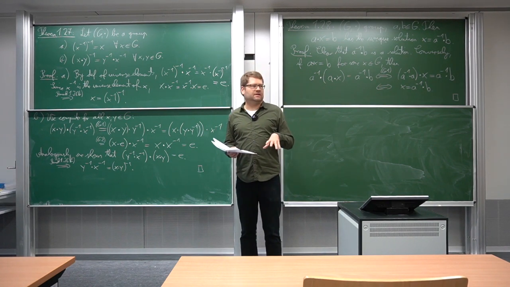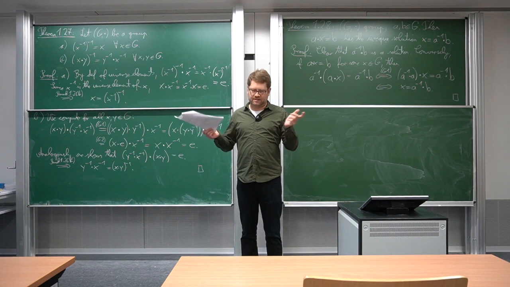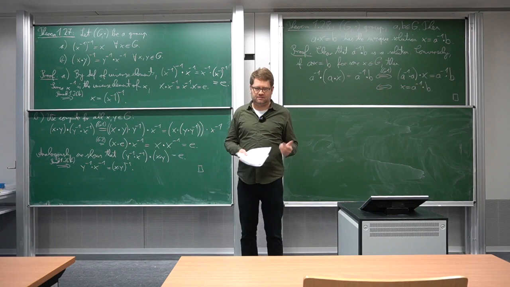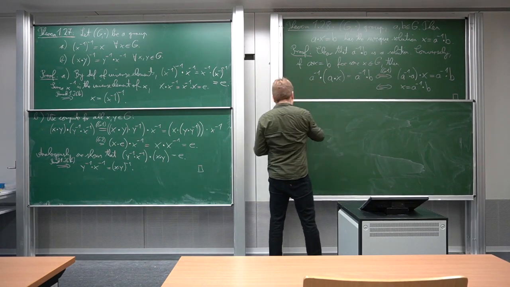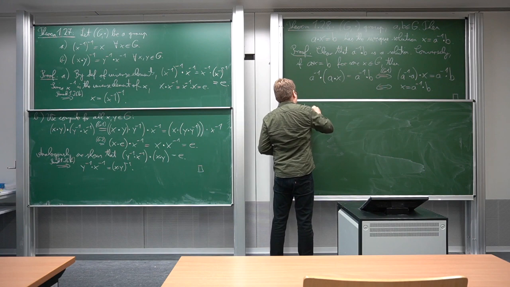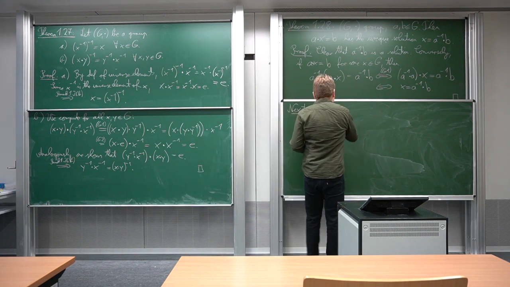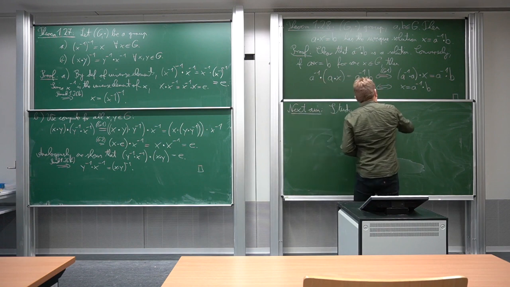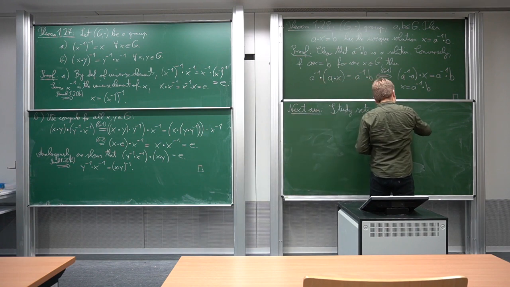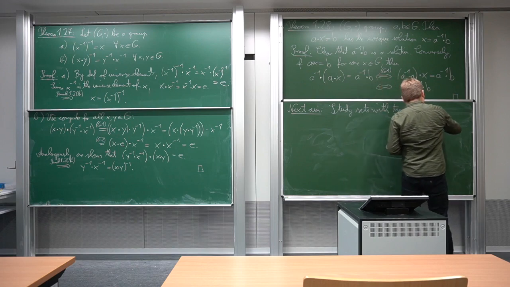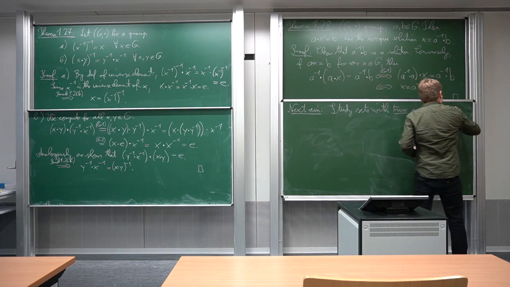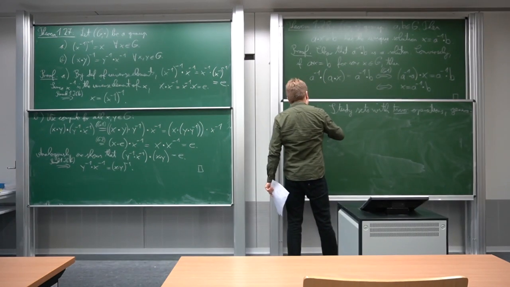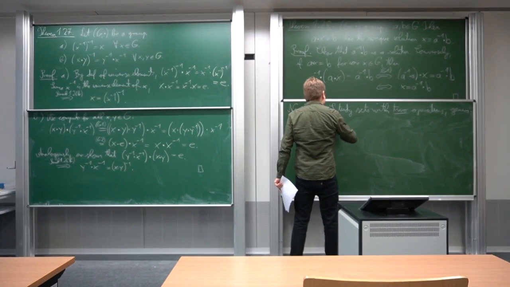So we want some set which has two different operations, like addition and multiplication, which behave nicely. And we again want to define this just axiomatically. So let me keep this on the board. Next aim: study sets with two operations, generalizing addition and multiplication.